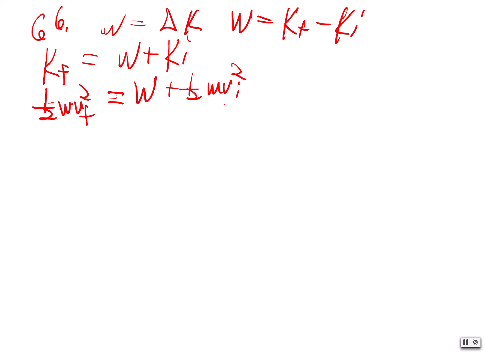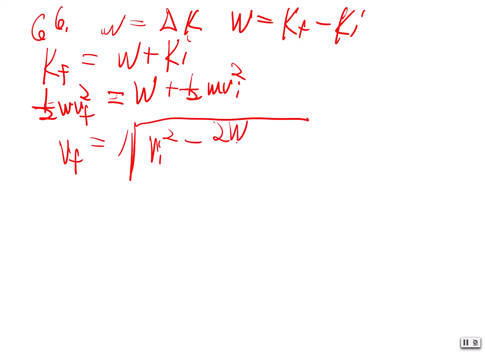Yeah. So when we solve for v final, we get this right here, under the radical, v initial squared minus 2 times the work over the mass.